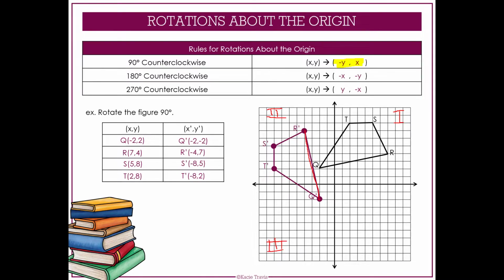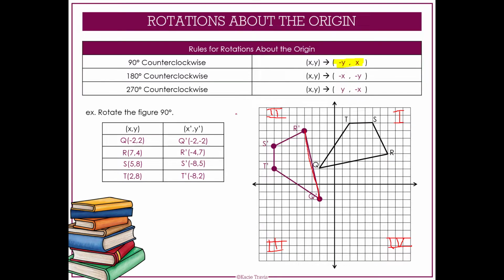Now remember, all the relationships that the original shape had to the new shape will still remain the same. So see how S and T were on the same line? S prime and T prime, same place.